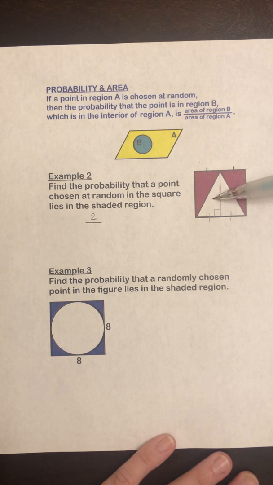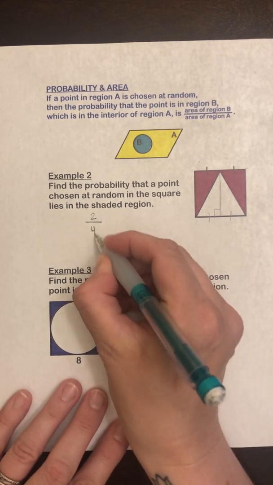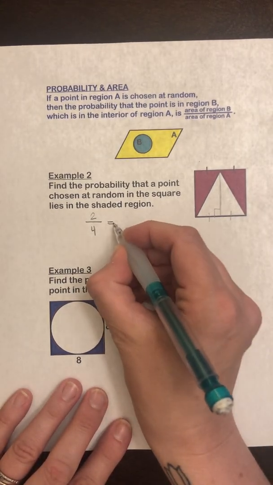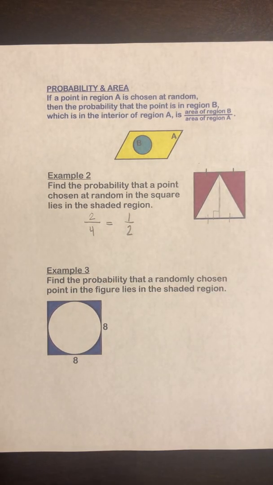This, and this, and this triangle, and this triangle, all 4 of those are equal. So we want to land in the shaded region, which is 2 of them, but we have a total of 4 of the same equal size triangles to land in. So 2 over 4 would reduce to 1 over 2. Again, if you want to change that to 50%, you can.